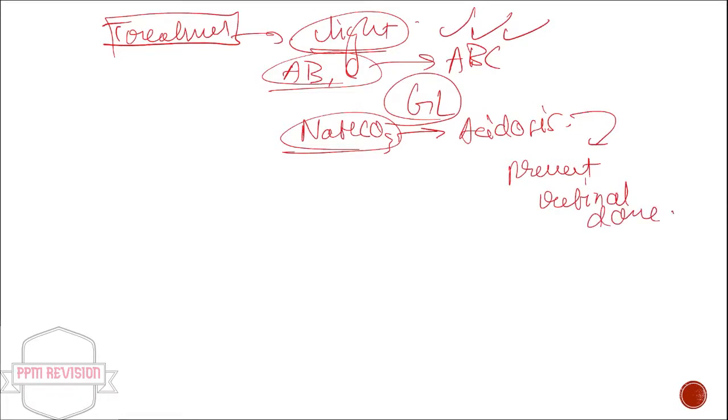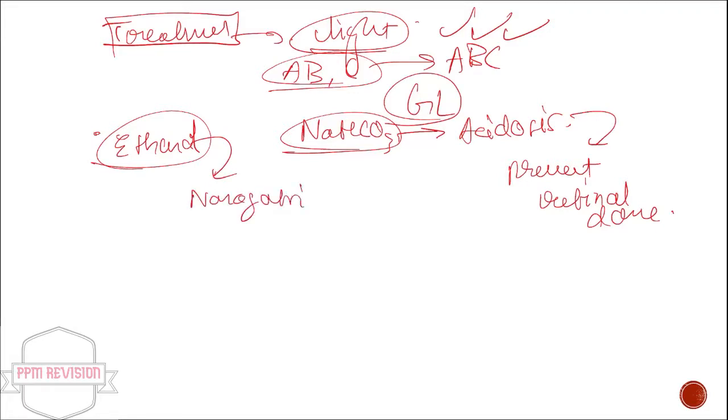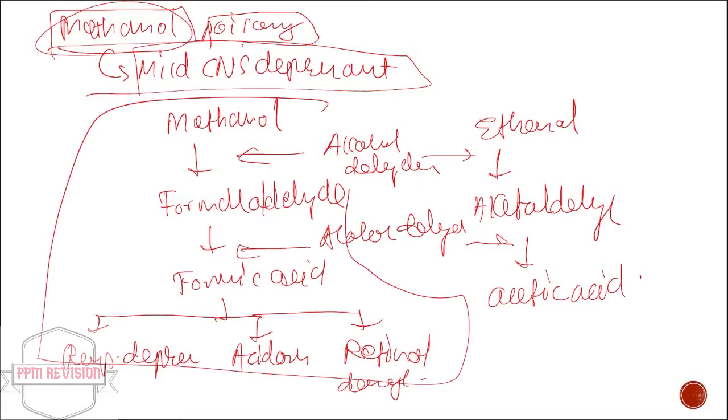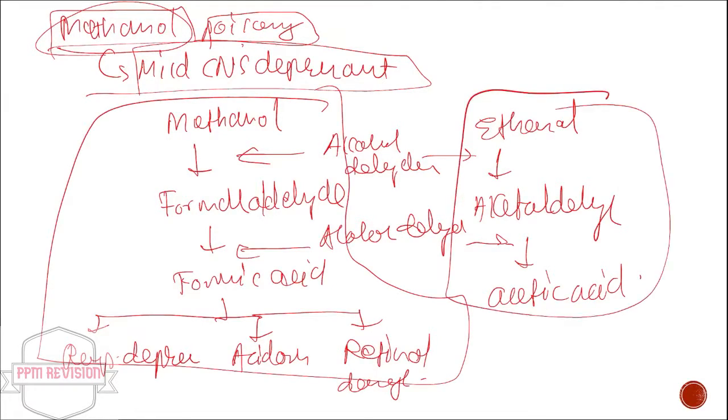Next, ethanol is administered by nasogastric tube. Because this ethanol is added, let me just go back. Here the same flowchart is followed, and here as well for ethanol.